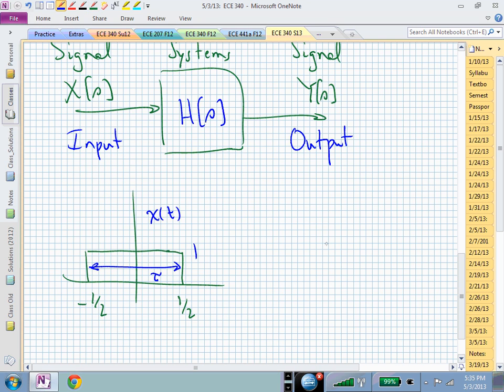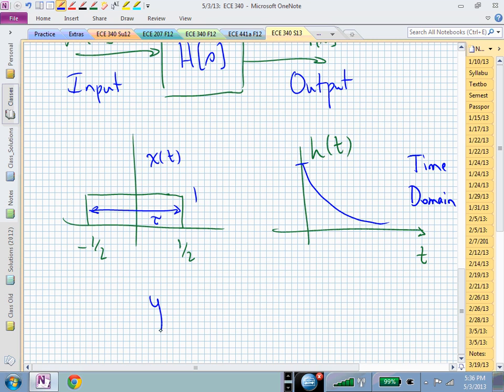You might want to push that through a system, or maybe that's some information content, and you're now pushing it through a communication channel, and your communication channel has an impulse response h of t. It would be nice to know how that channel is going to impact this pulse x of t. Am I going to see the same looking behavior y of t at the output? This is obviously in the time domain.